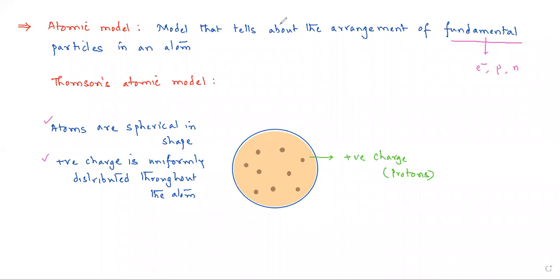And the last one: electrons are embedded, I mean arranged, in the positive charge of the atom.